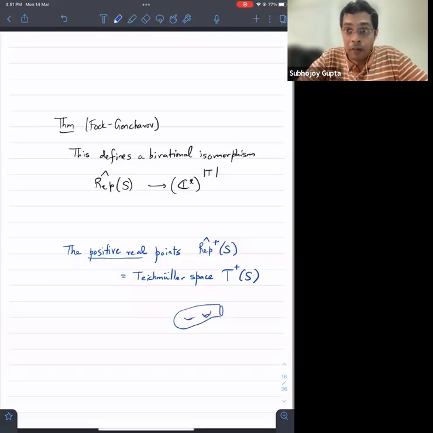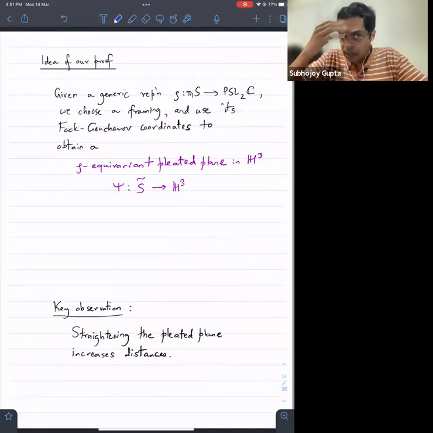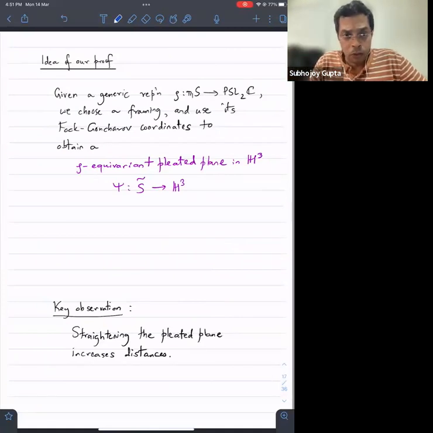You can think of it as some kind of decorated Teichmuller space. In other words, if you forget the framing, these representations are Fuchsian representations of the punctured surface group. Right, so this is Fock-Goncharov's work.